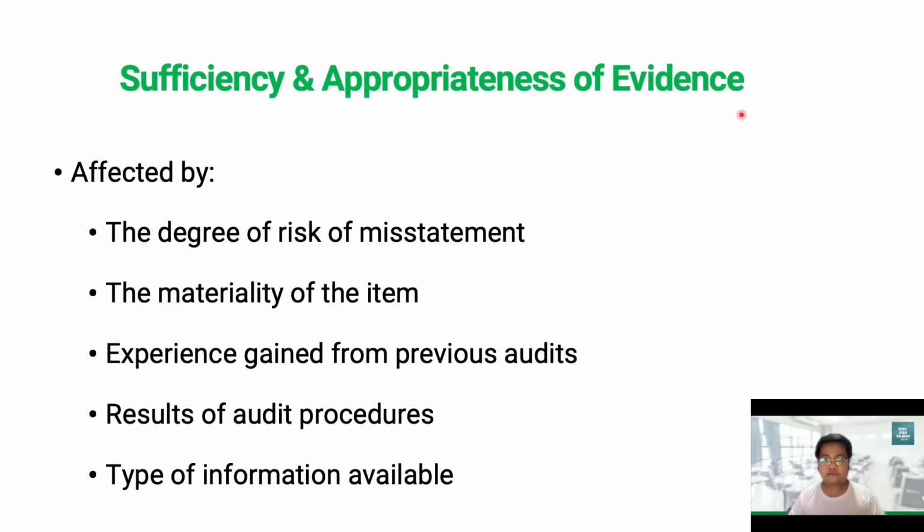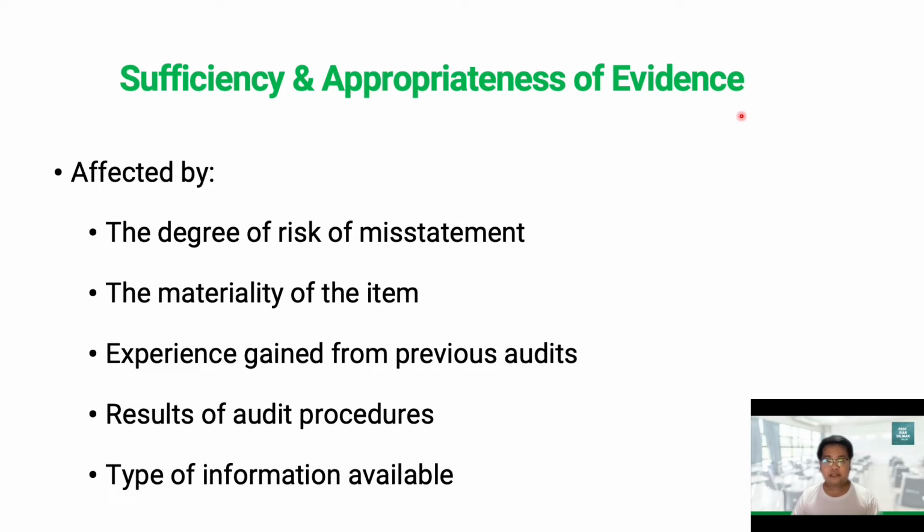Now, when talking about evidence to support our opinion, what we need is sufficiency and appropriateness of evidence. For example, earlier we discussed a lot of examples of audit evidence like accounting records, other information, and even corroborating evidence. But the question is, how much evidence do we need to obtain in the course of our audit of the client's financial statements?